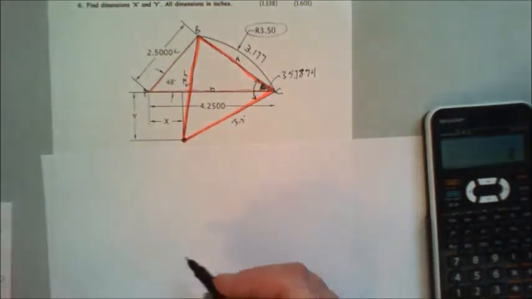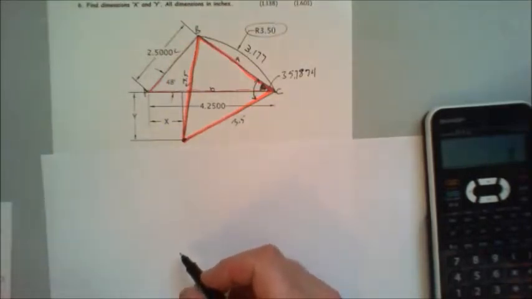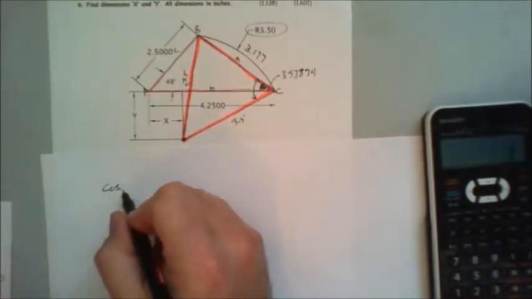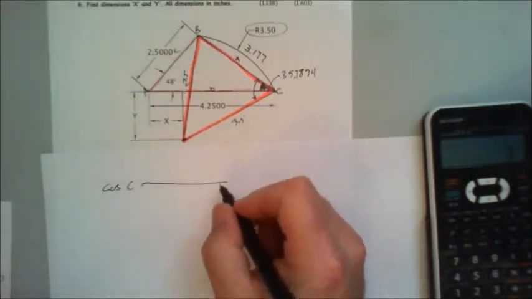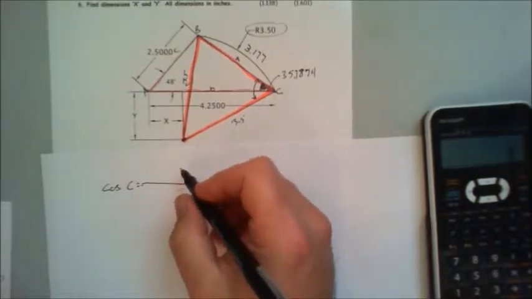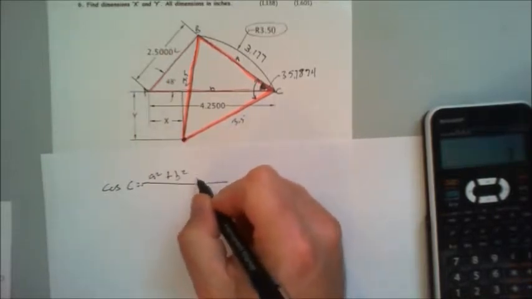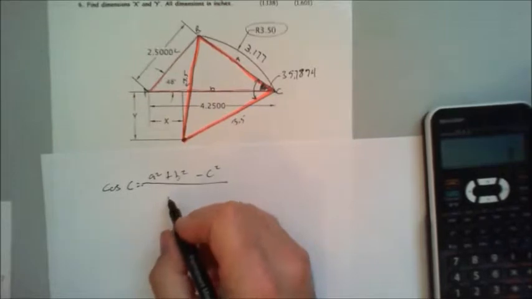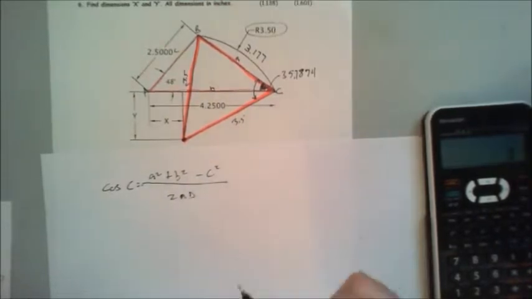We only need C. So we're going to use exactly the bottom one. So write it up. I'm going to go cos C equals, and then A squared plus B squared minus C squared, and then 2AB.